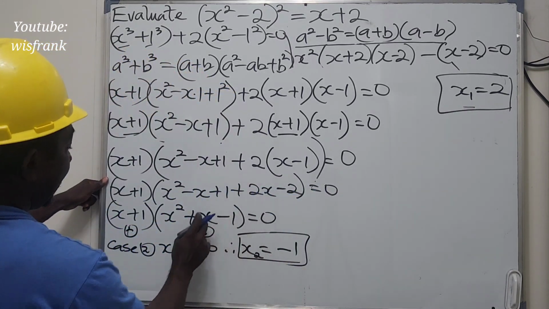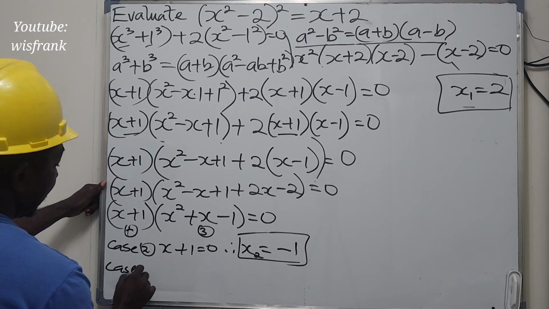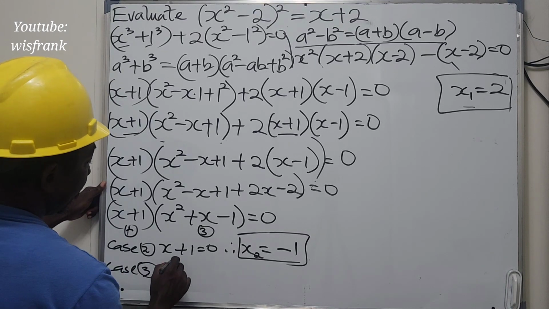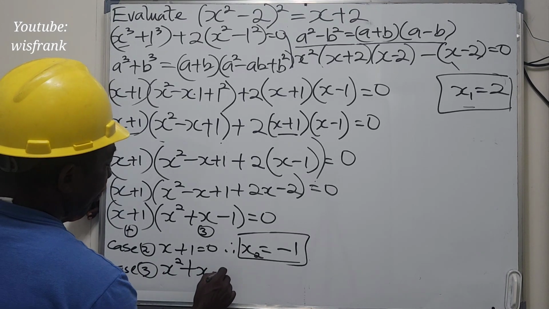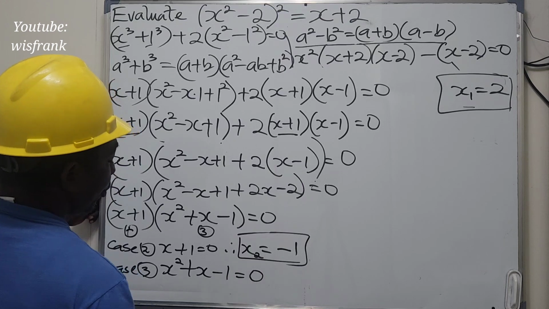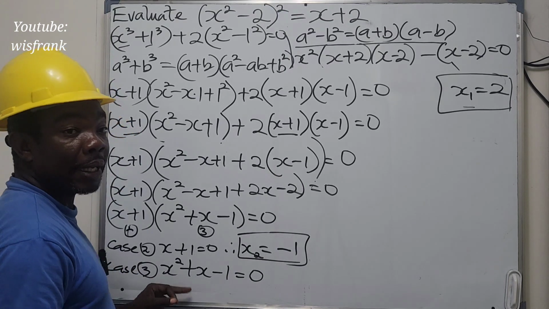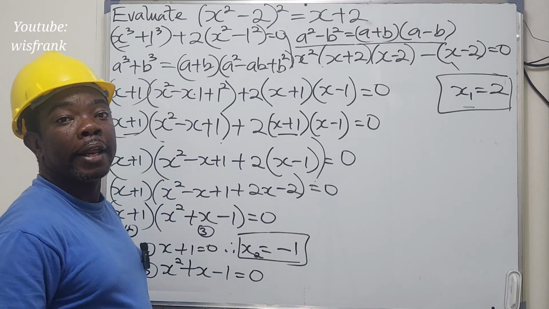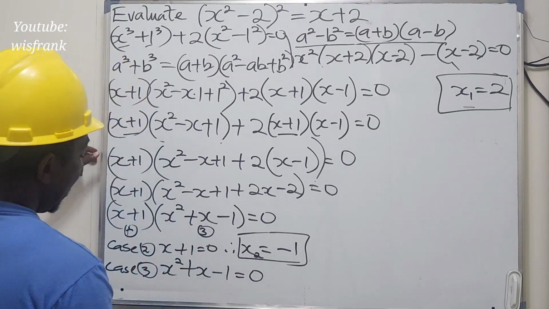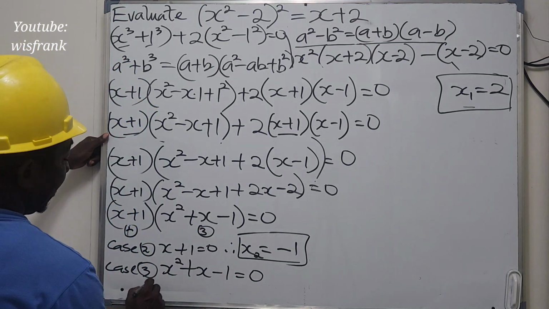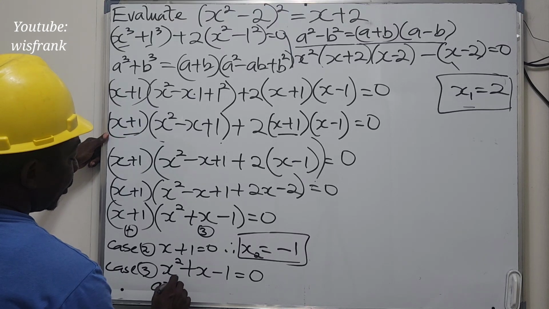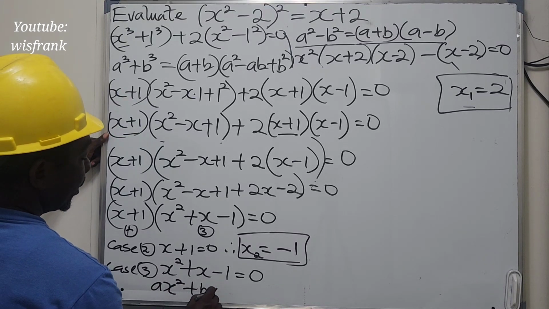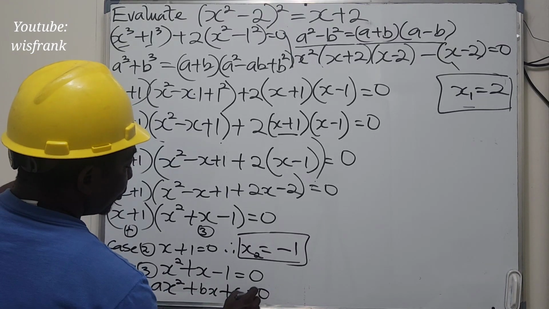Then we take case 3, which will be x to the power of 2 plus x minus 1 equals to 0. Here we can see that this is a quadratic equation, and we are going to use the quadratic formula for us to find the value of x. Here our quadratic is in the form of ax to the power of 2 plus bx plus c equals to 0.